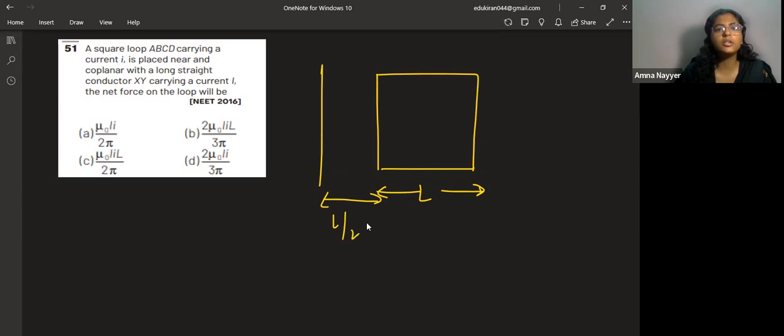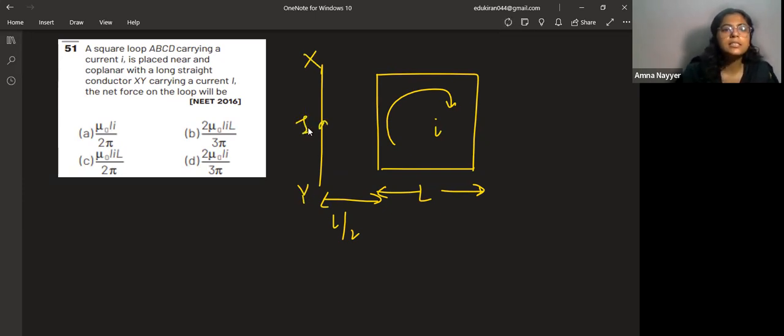This is L by 2. Now, a square loop ABCD carrying current I is placed coplanar with a long straight conductor XY carrying current I.